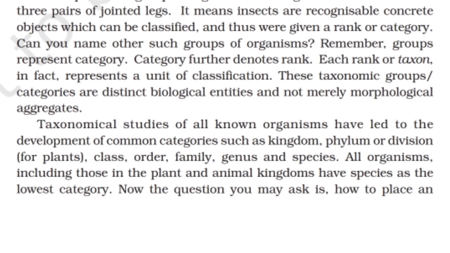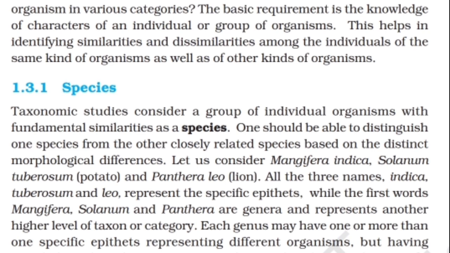All organisms including those in the plant and animal kingdoms have species as the lowest category. Now the question you may ask is how to place an organism in various categories. The basic requirement is the knowledge of characters of an individual or organisms. This helps in identifying similarities and dissimilarities among the individuals of the same kind of organisms as well as other kinds of organisms.